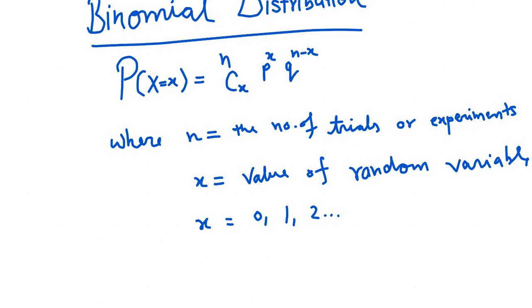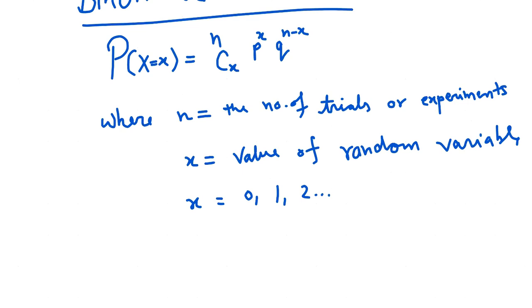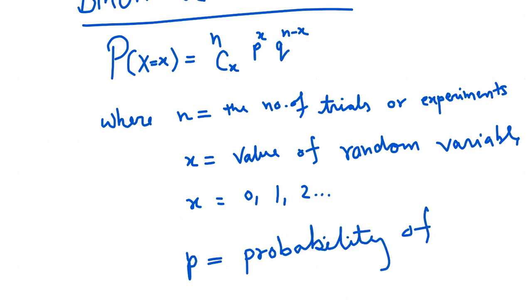And x is the value of the random variable. We can take the value of x as 0, like for 0 hats, for 1 hat, for 2, and so on. Small p is equal to the probability of success in one trial.